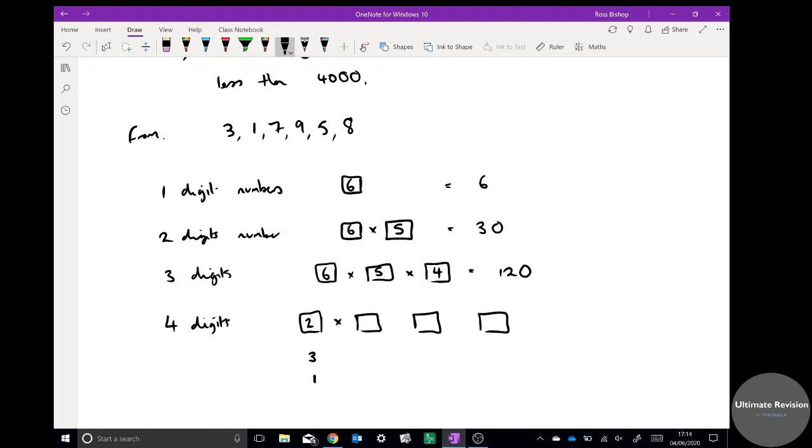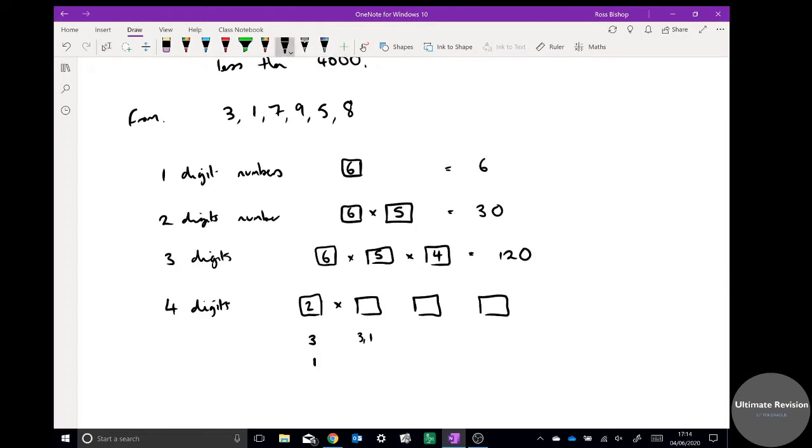Now the second option could be any one of the other digits, including the other one of 3 or 1 that you haven't used. We've actually got 5 possibilities there for the second number. Now the third number, you've used two, so there's only going to be 4 available left. And then there's going to be 3 available left for the final digit. So for the 4-digit numbers, that all adds up to 120.